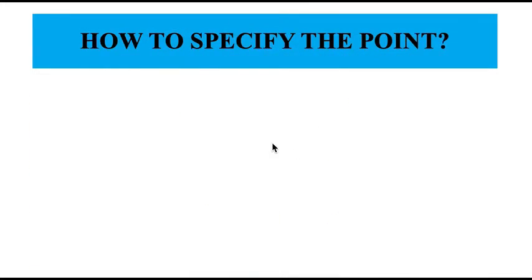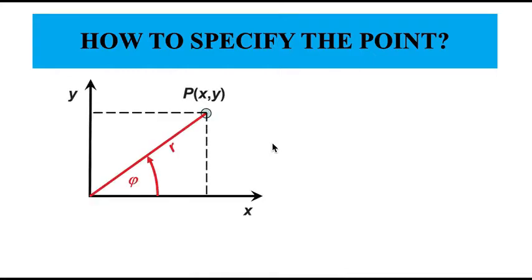Starting cylindrical coordinate system, we will see how I specify the points. If this is the plane and I want to locate this house, I had to specify it by giving x axis and y axis coordinates, right?